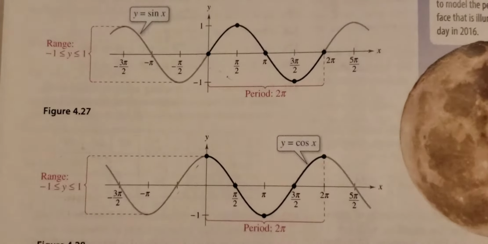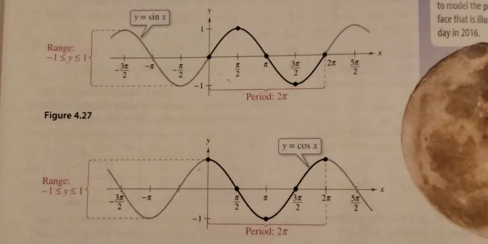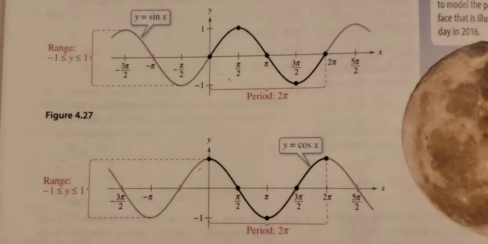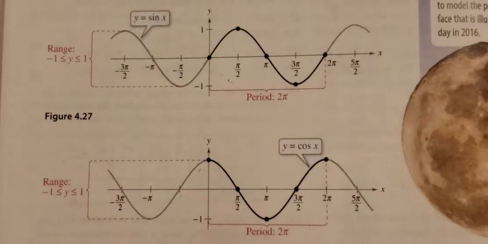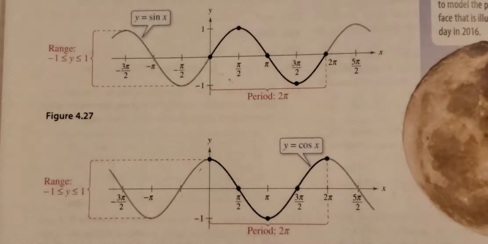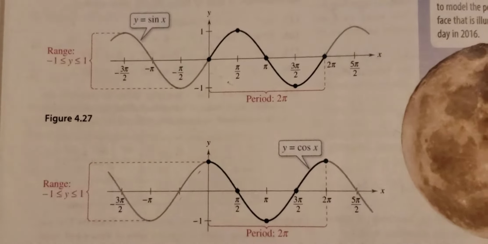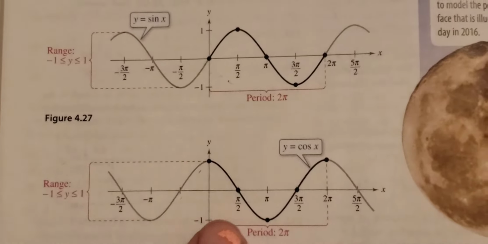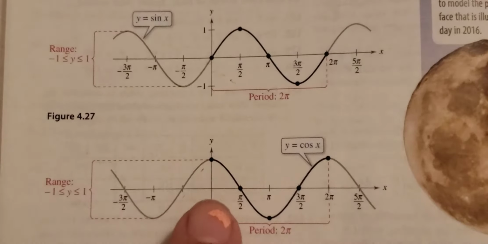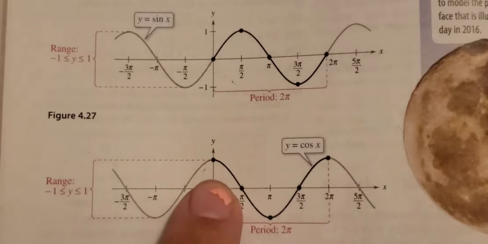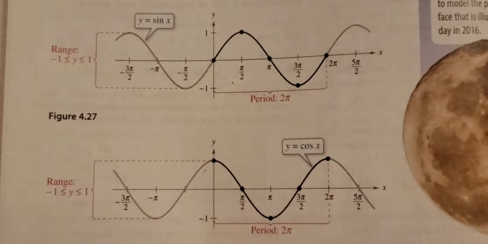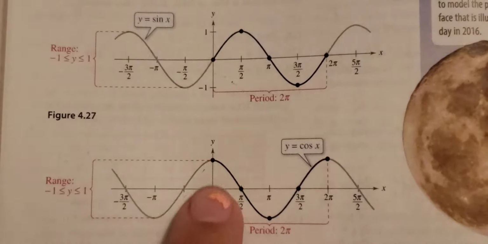As far as cosine, look at the difference between sine and cosine. As far as cosine, the domain is still all real numbers. It's infinite on both ends. Your range is still -1 and 1, except the difference is if you look at this one, your y intercept starts at 0, 1.